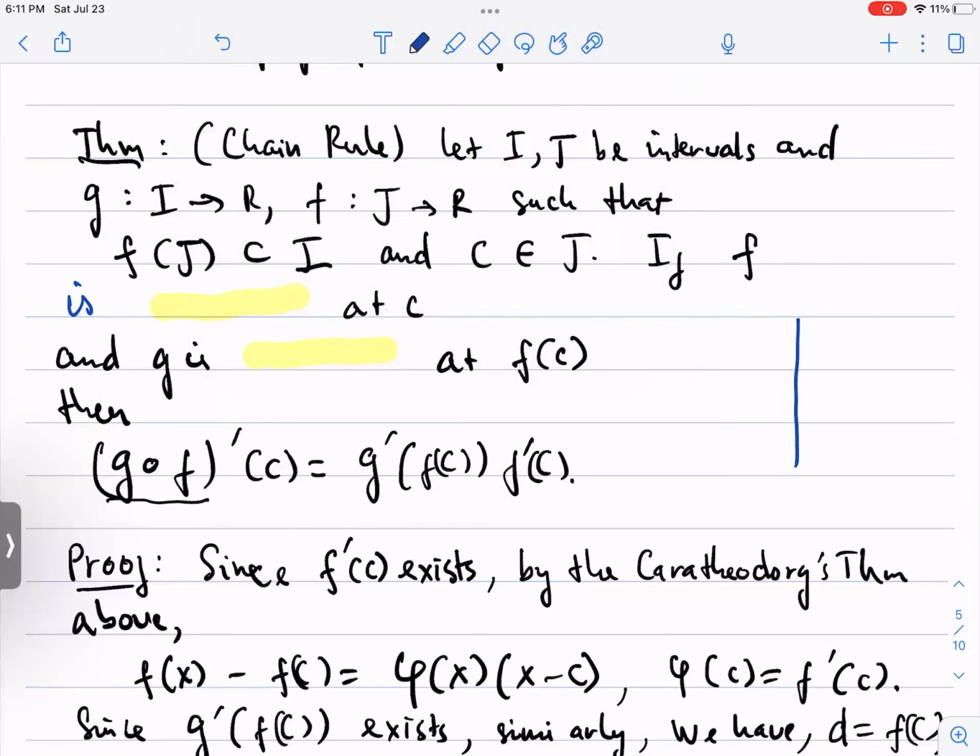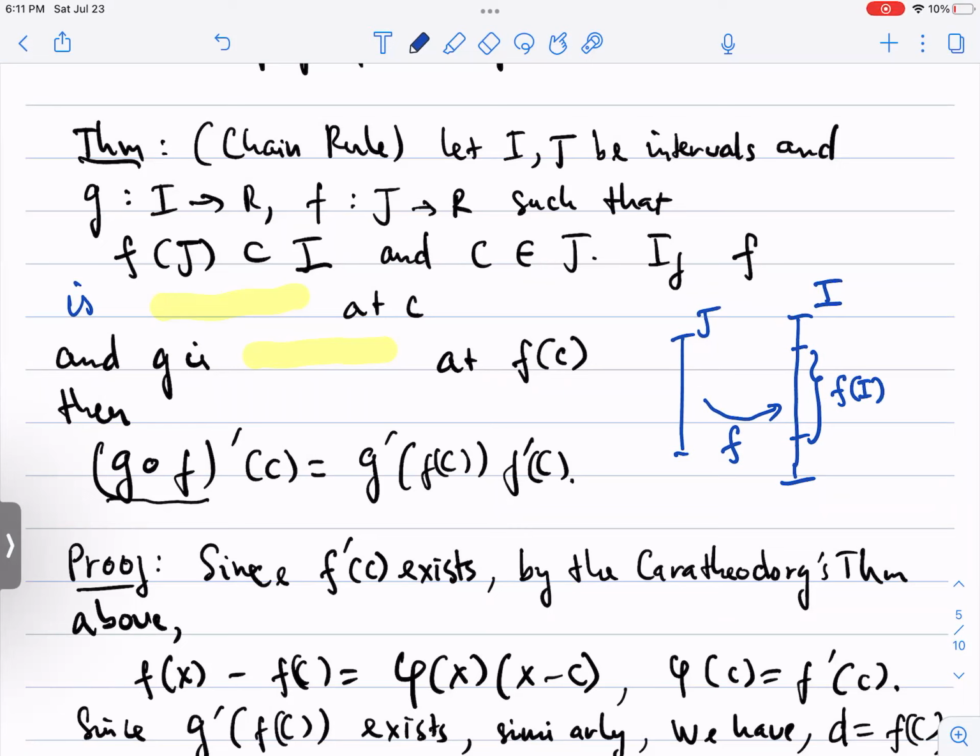Here is the interval I, and then you have another interval J here. The function f maps this interval J to a subset of the interval I. This is the image.